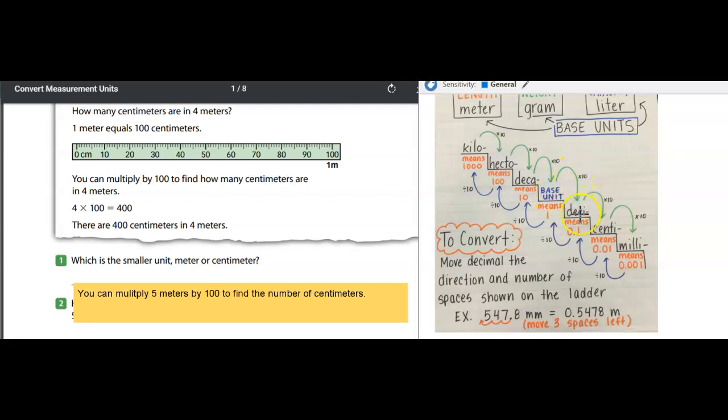So if we go down 1 step, that's times 10. If we go down the next step to centimeters, that's 10 times 10 is 100. So that means I'm going to multiply whatever our meters are by 100 to get down here to centimeters.